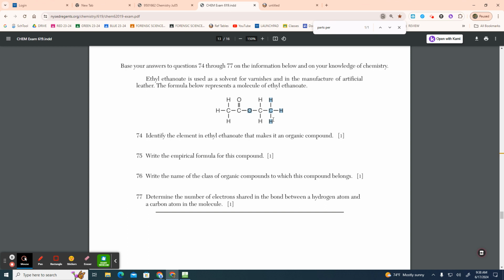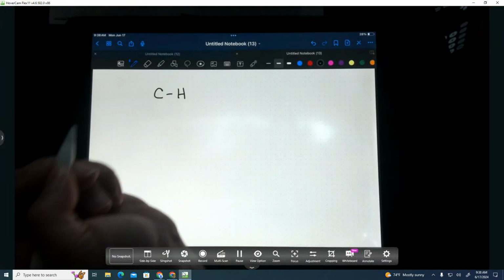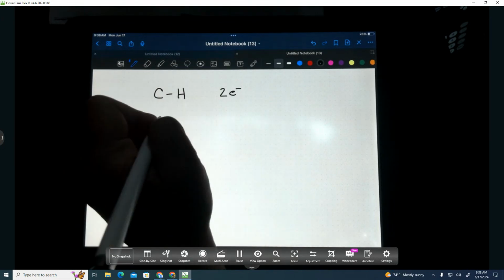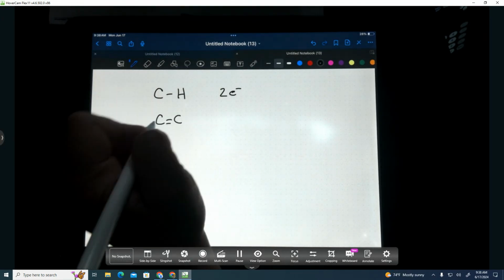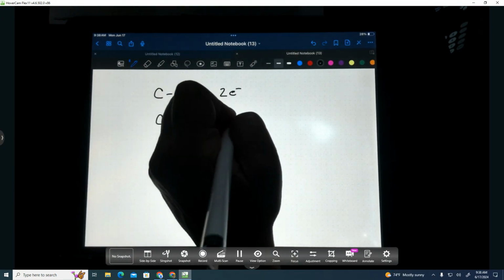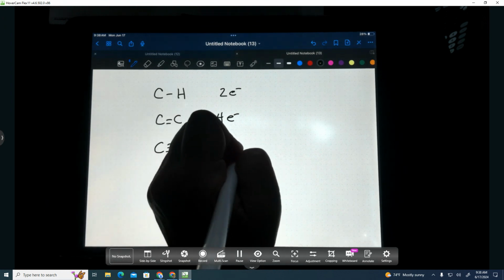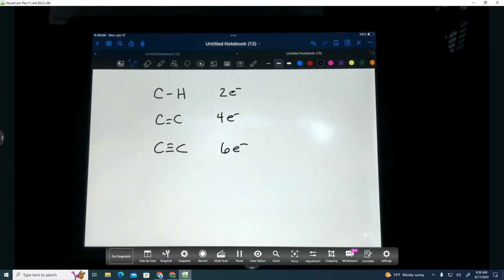If there was a double bond, then it would be 4. If it was a triple bond, there would be 6 electrons being shared. So a carbon to a hydrogen is a single covalent bond, 2 electrons. A double covalent bond is 4 electrons. A triple covalent bond is 6 electrons.